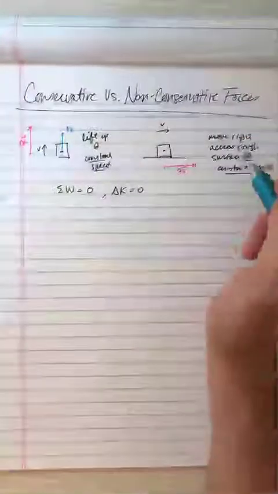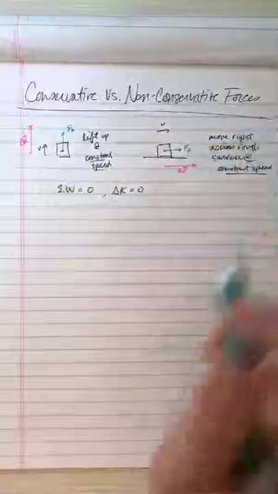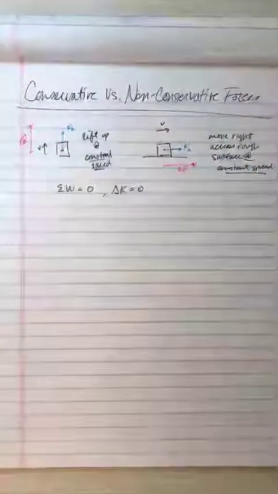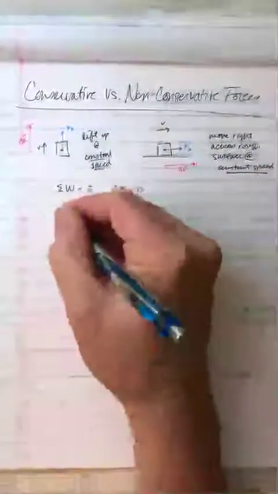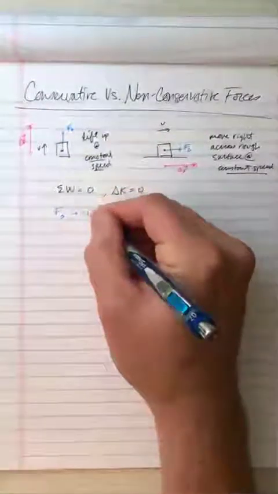So let's look at the first one. If I'm lifting this up, there must be some upward applied force F sub A, just as if I'm pushing this to the right, there also must be some force to the right, F sub A. So there's some applied force that's doing positive work in both scenarios.